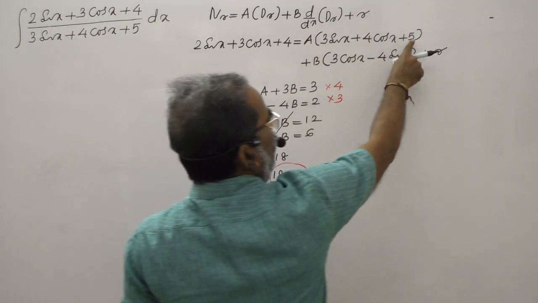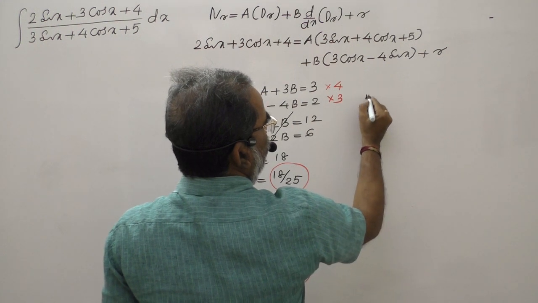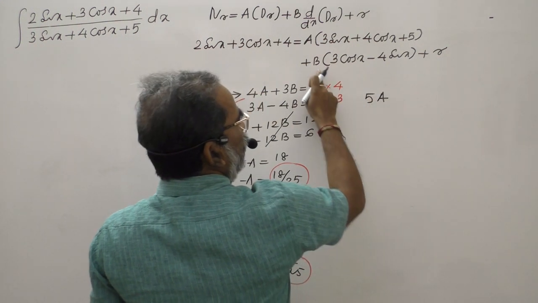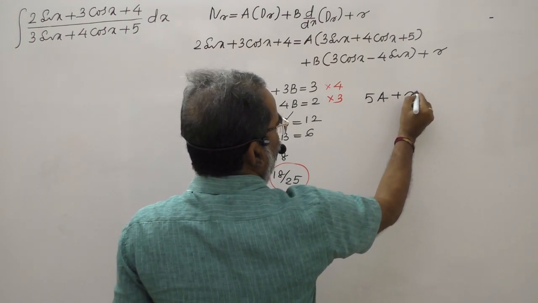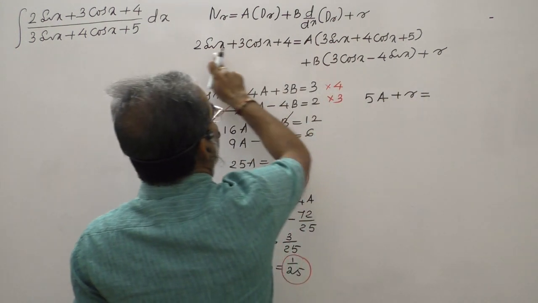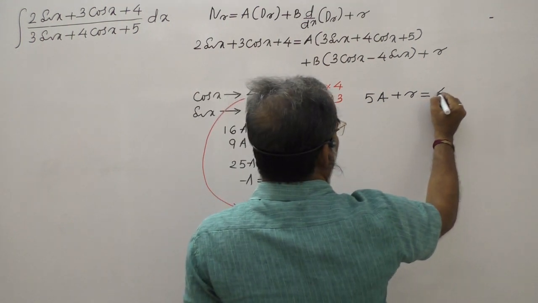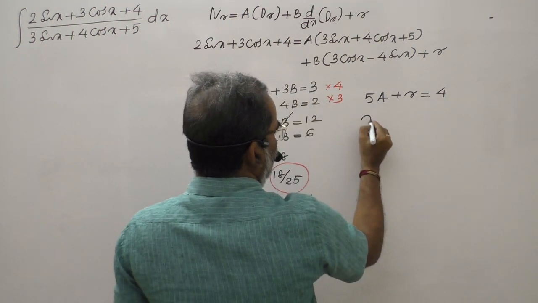On the right side, constant is 5a. In the second one, there is no constant, and here r is there. On the left side, the only constant is 4.